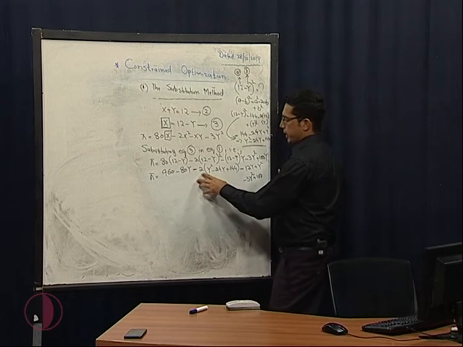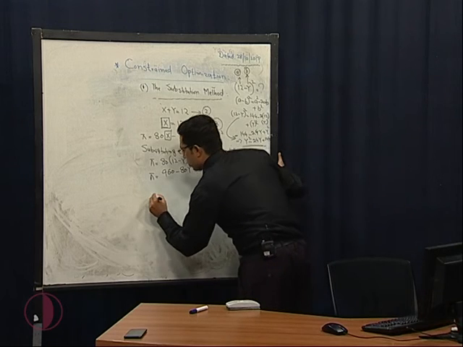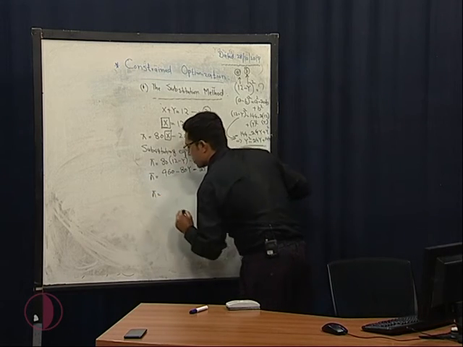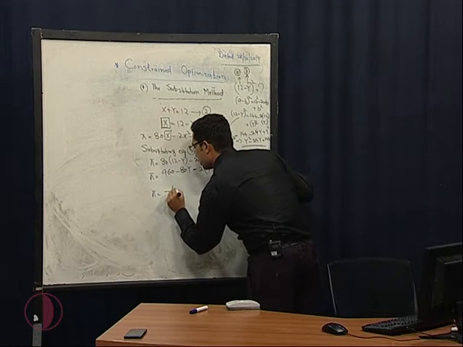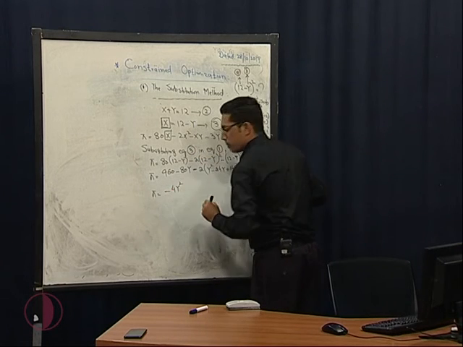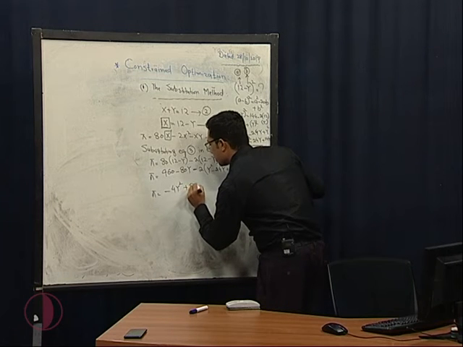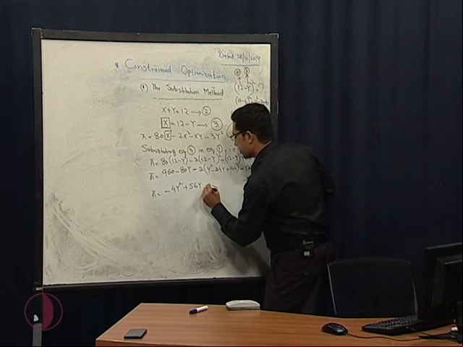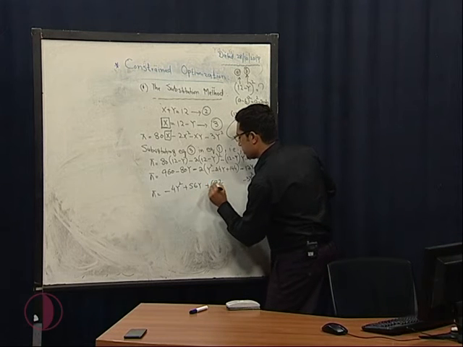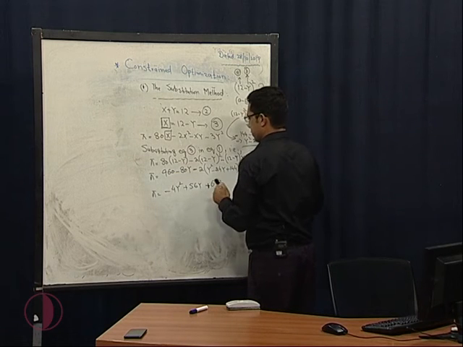Now we can multiply 2 with this expression, and after solving we can write the final expression as profit is equal to minus 4y square plus 56y plus 672. This is the final expression after solving this equation.